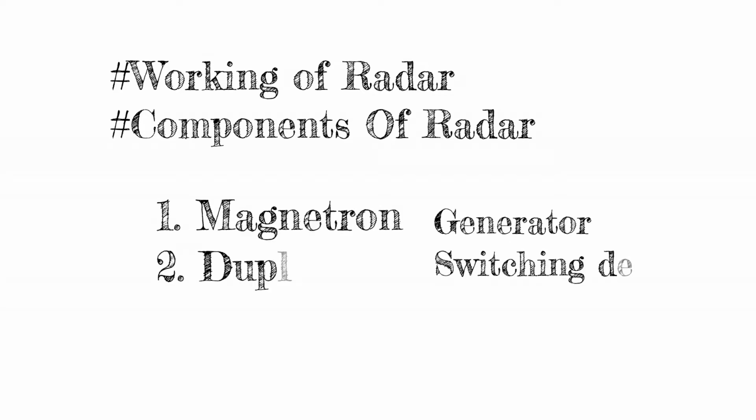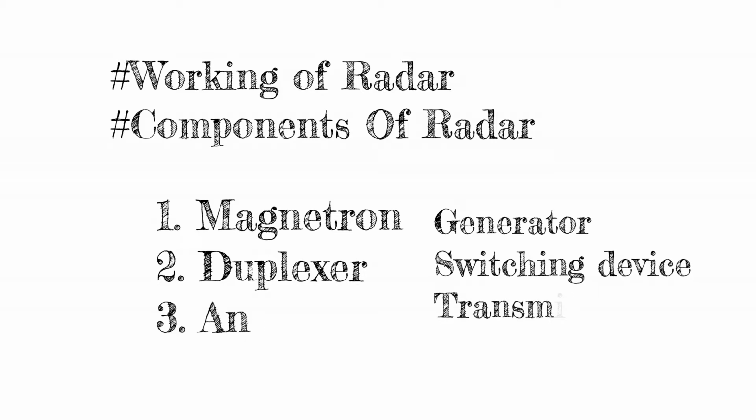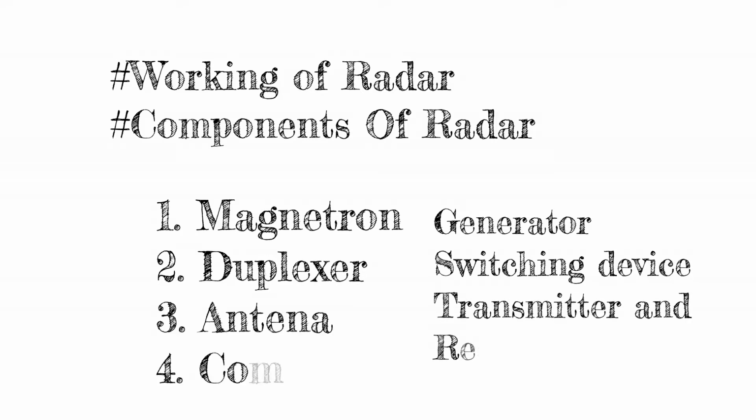Next point is the working of the radar. Before understanding the working, we need to understand the different components used in the radar system. There are four basic components: magnetron, duplexer, antenna, and computer. We are going to understand the working of each component independently, which will help you understand the function of the radar. First is the magnetron.